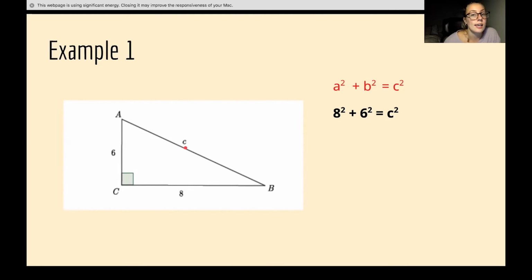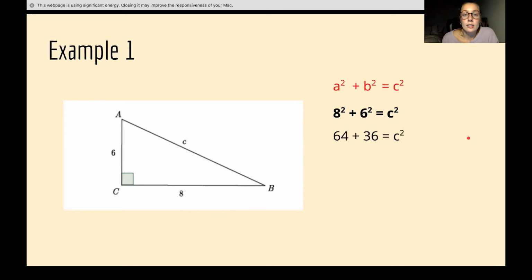Remember I did say too, if you wrote this in a different way, maybe 6 squared plus 8 squared, that is totally okay, as long as the legs are being added together. So you could do A plus B or B plus A, as long as it equals C, the hypotenuse.